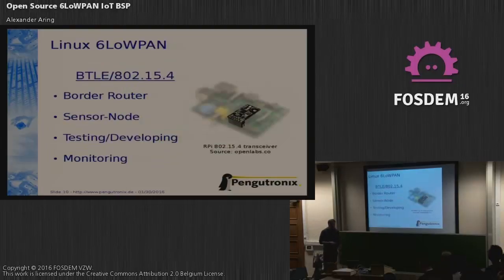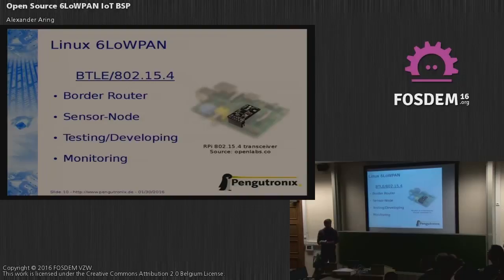With Linux 6LoWPAN, what we currently support is Bluetooth Low Energy and 802.15.4, and a typical use case is a border router, for routing from an Ethernet IPv6 network into a 6LoWPAN network, or a simple one as a central node for measuring temperature or other stuff, and you can also use it for testing.